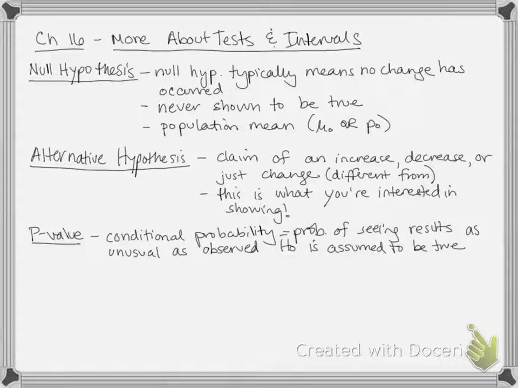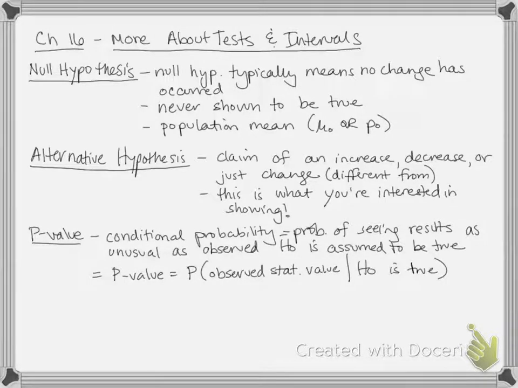So if I could write that in a way that makes a little more sense, the p-value is equal to the probability of seeing an observed statistical value given the null is true.